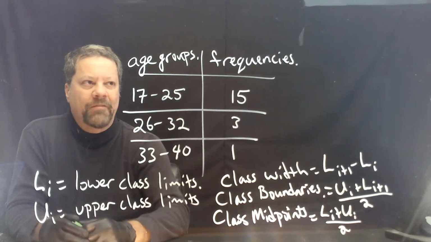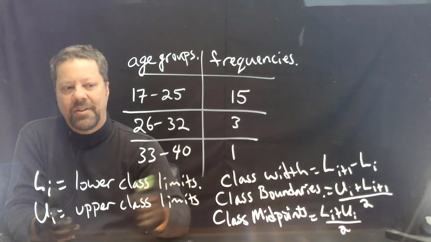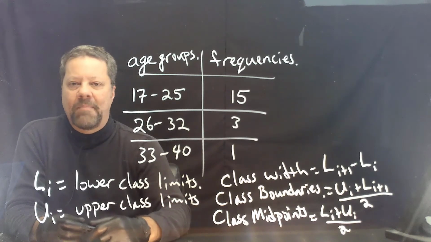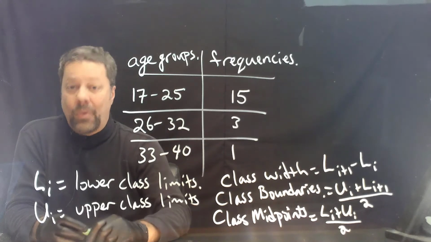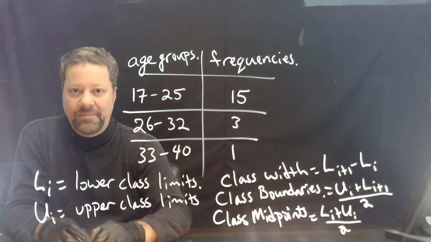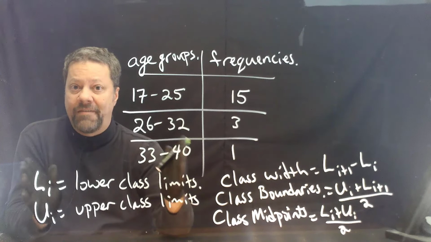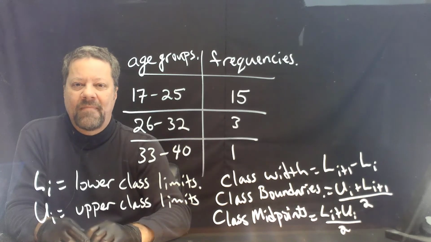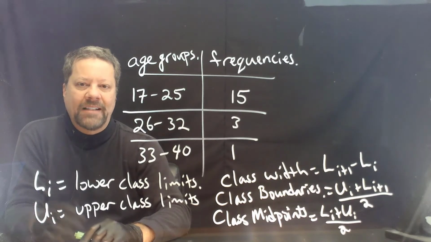When setting up a frequency distribution, you can determine the class widths by taking the maximum data value minus the minimum data value, the range of the data values. The range is max minus min, and divide by the number of desired categories.